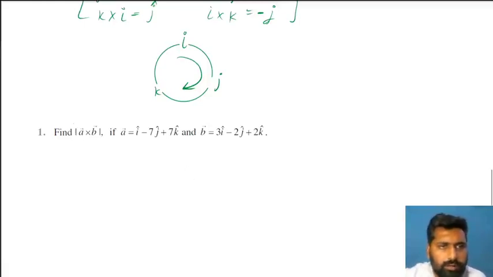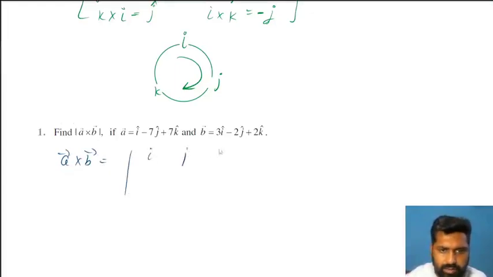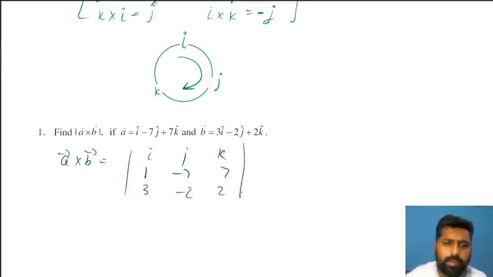You start by doing the actual cross product, meaning you actually calculate your A cross B vector and then we'll calculate its magnitude. So let's calculate A cross B. So, magnitude, I, J, K, determinant of, then A vector components 1, minus 7, 7, second one, B is 3, minus 2, 2, and we expand about this with plus, minus, plus.